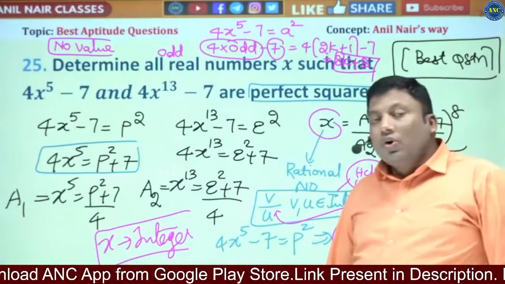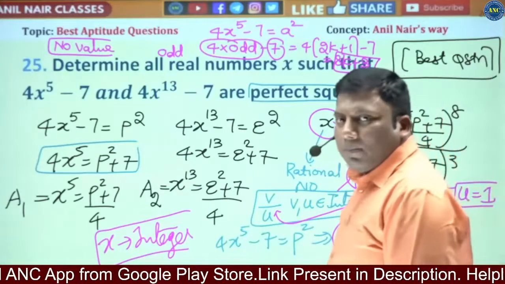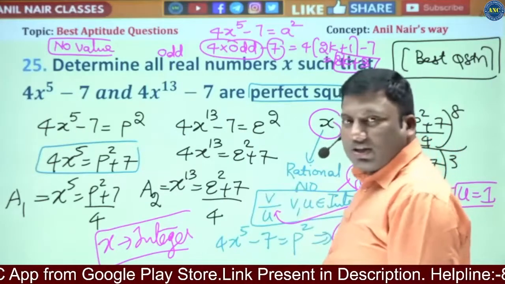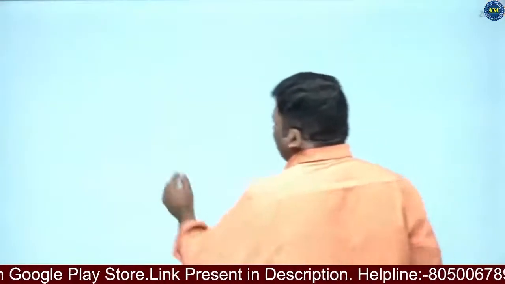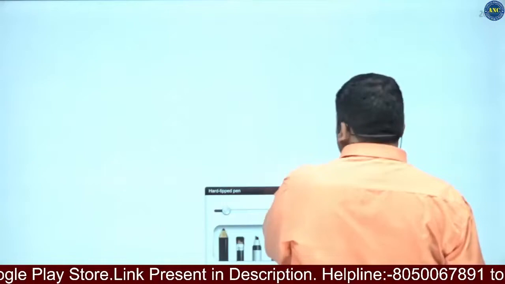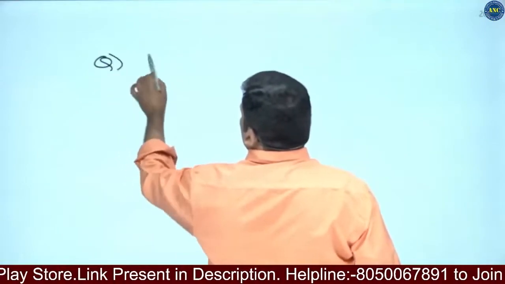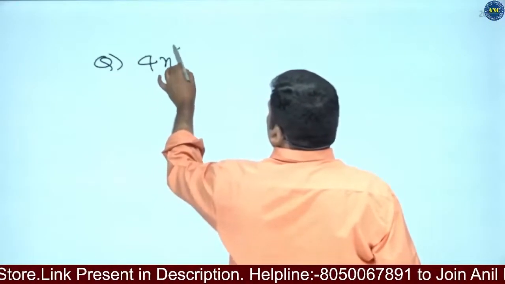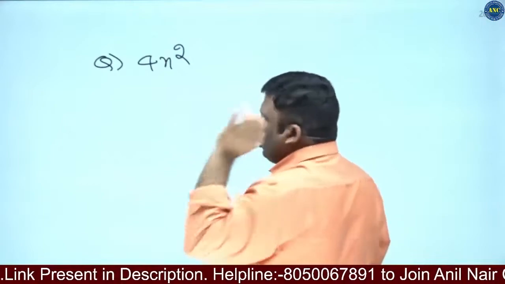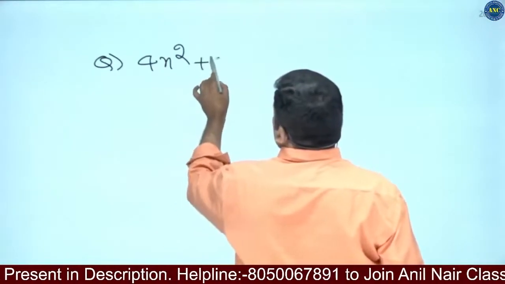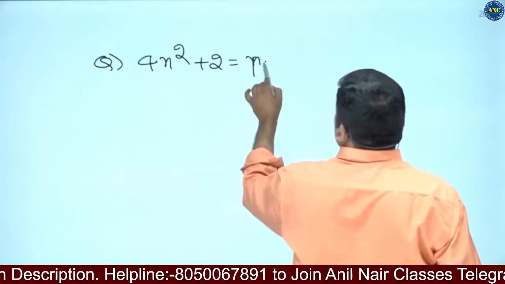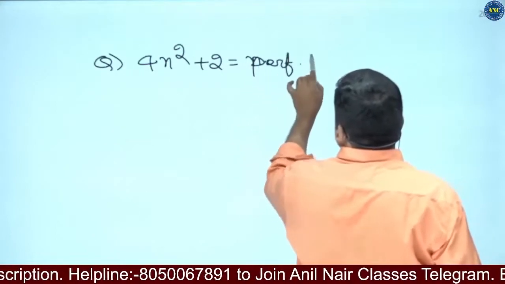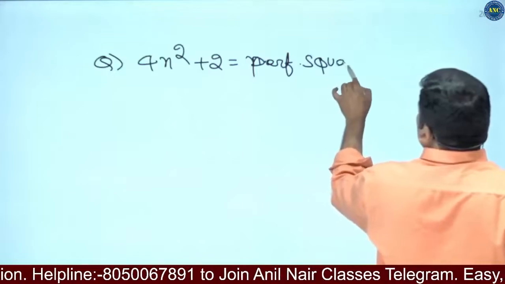Very, very good questions can be formed using this kind of logic. I hope the idea is clear. He can ask you any question, sir. Suppose the question is: 4n squared plus 2 is a perfect square.